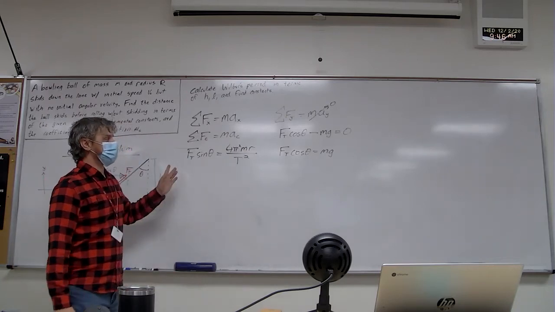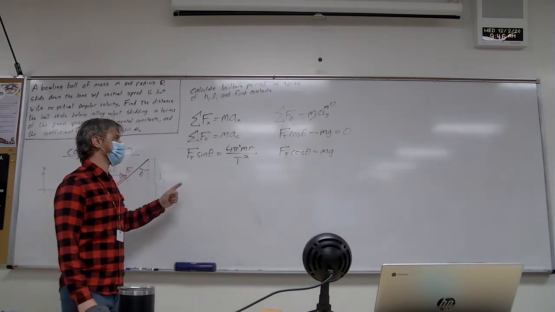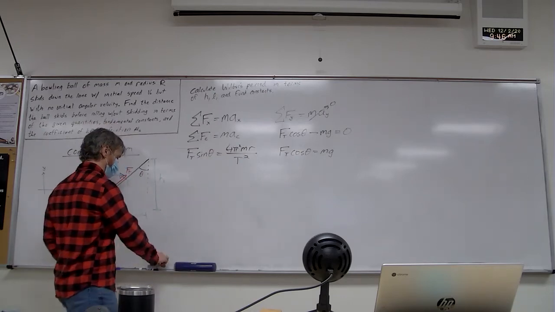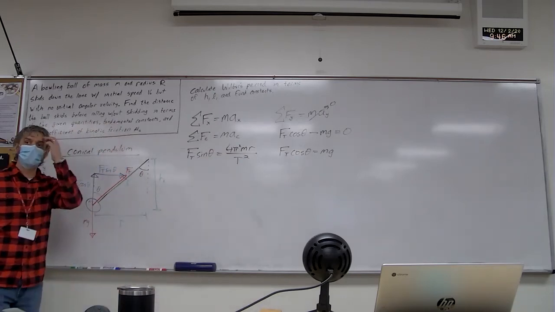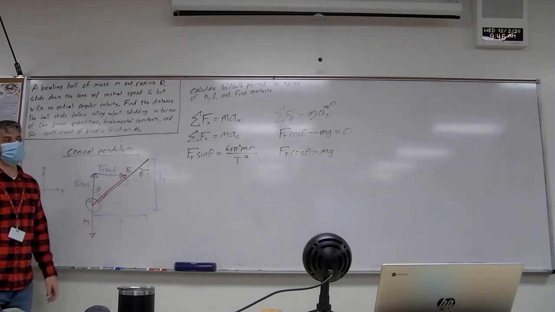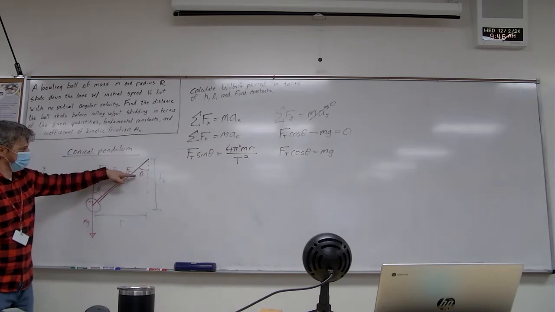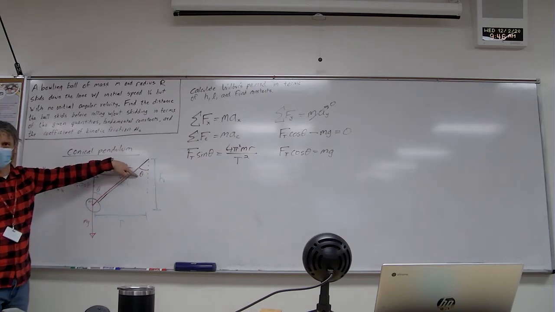What I see first of all is that I can get rid of theta in both of these equations by making a substitution. We haven't done this in this class, but we've done this in geometry. What can I substitute instead of sine theta? Look at the triangle.